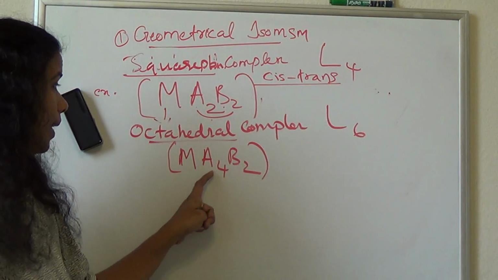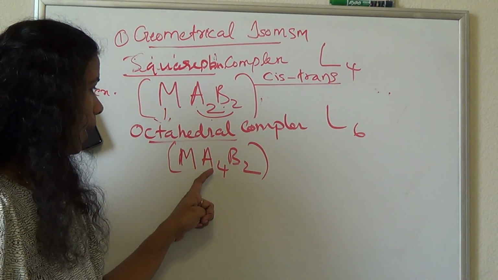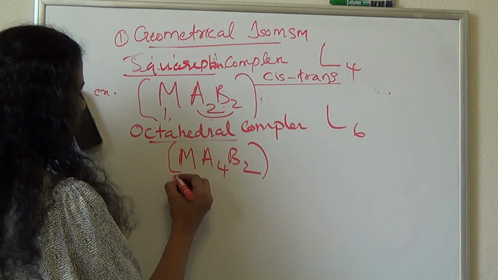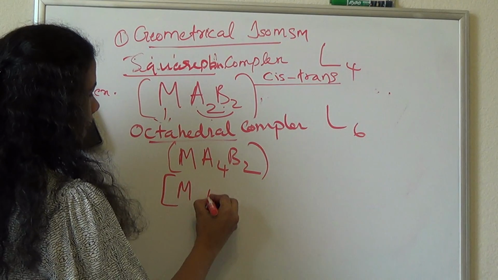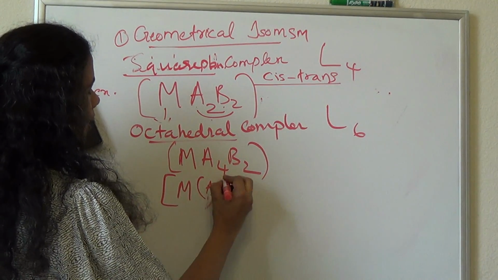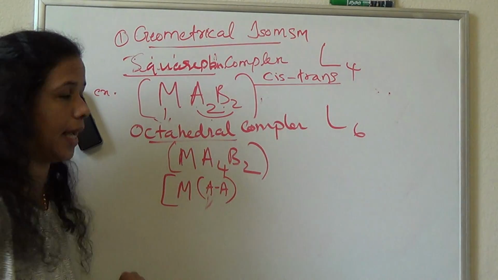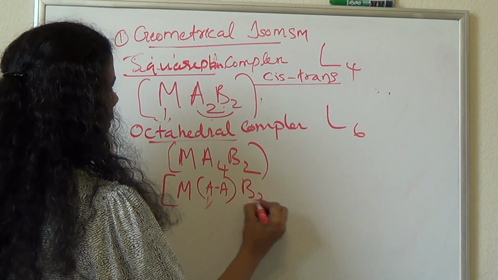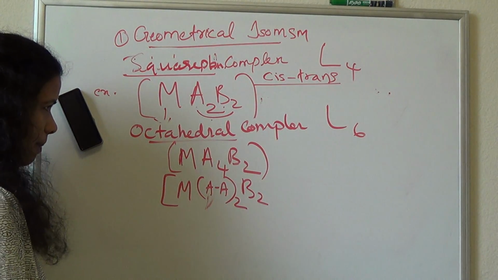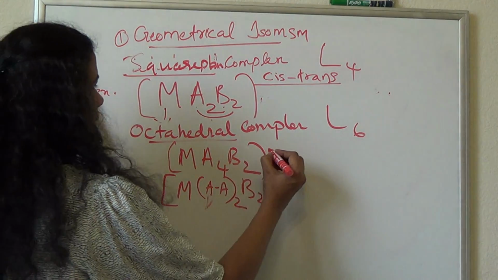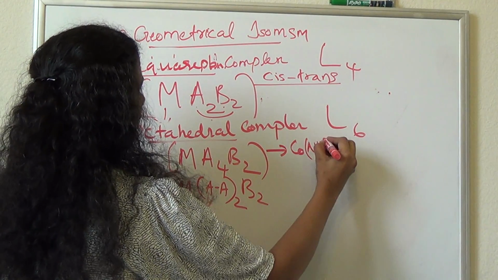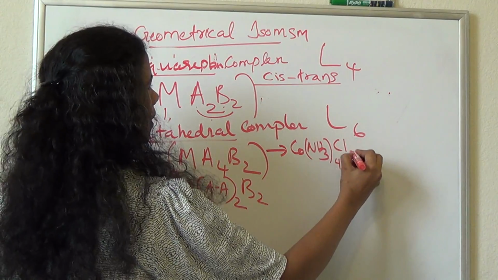There are two types of ligands, Ma4B2 or M(AA)2B2. AA means it is a didentate ligand. That's 2 into 2 is 4. We'll write an example. Co(NH3)4Cl2.